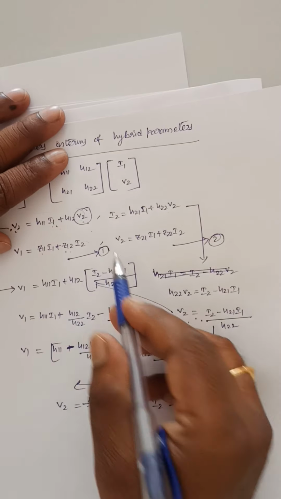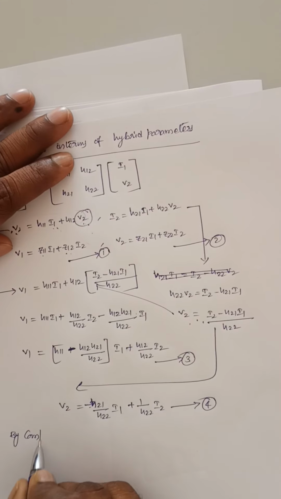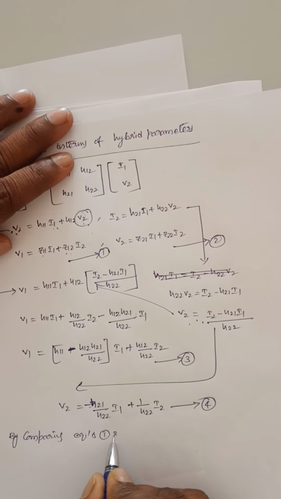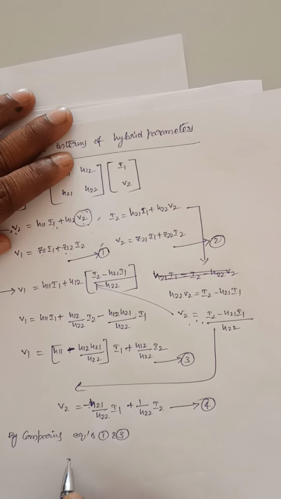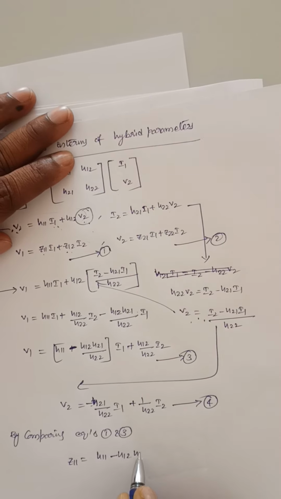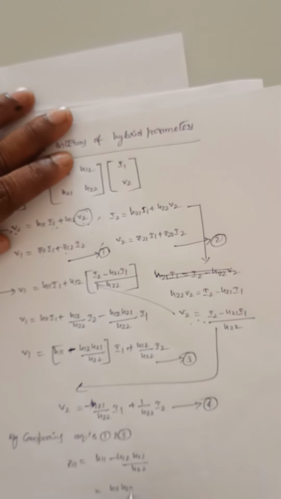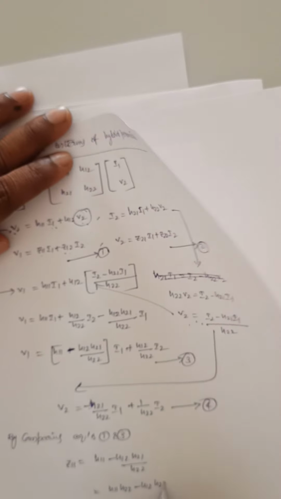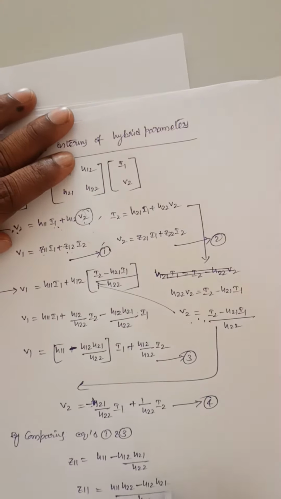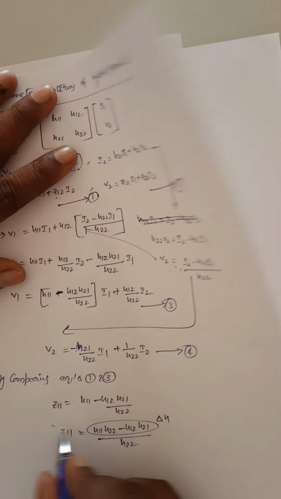So by comparing equations 1 and 3, we can say that Z11 is equal to H11 minus H12 into H21 divided by H22. This can be written as H11 into H22 minus H12 into H21 divided by H22. It is Z11. This can also be written as delta H. Okay, so it is about Z11.